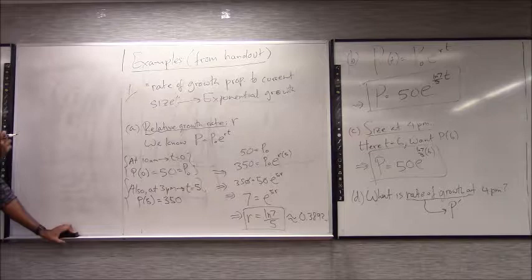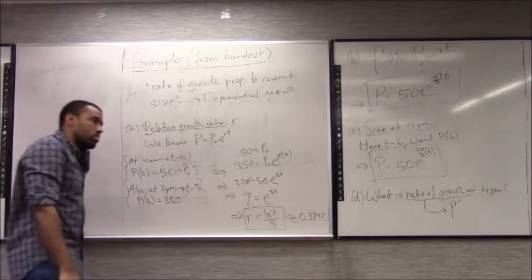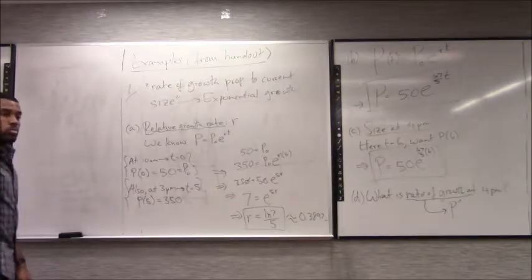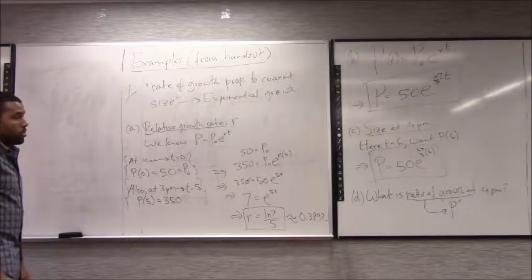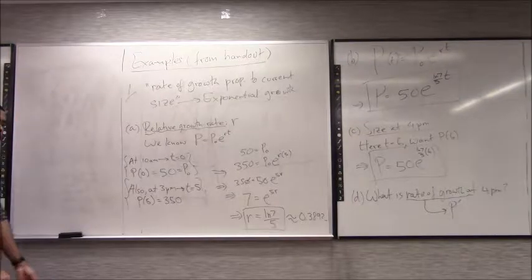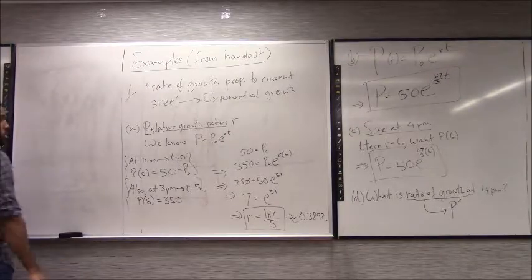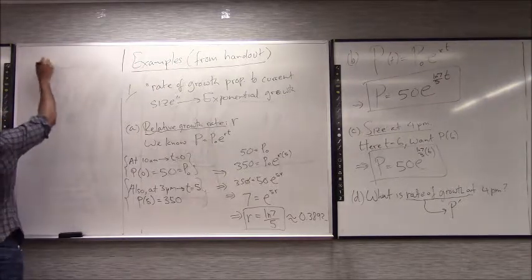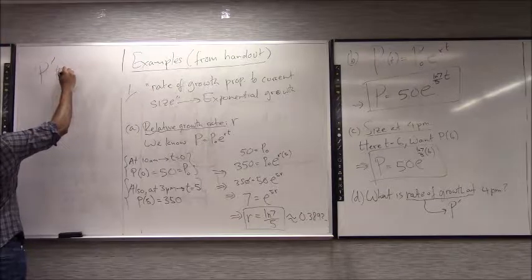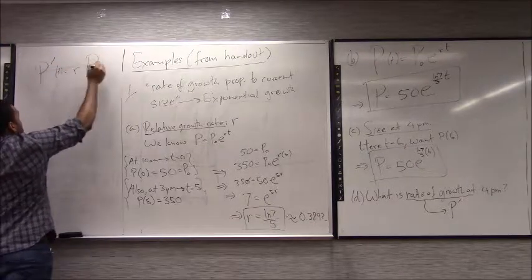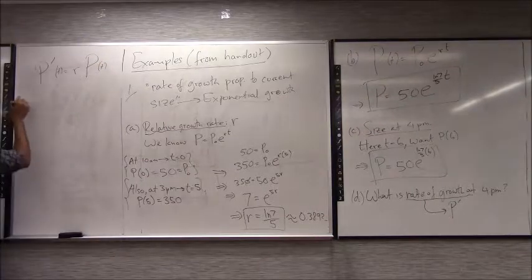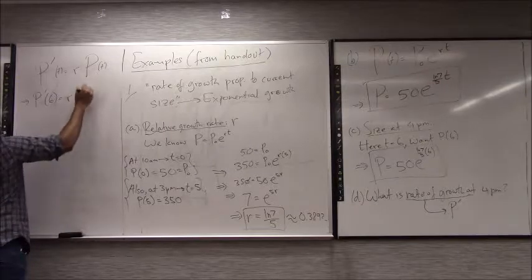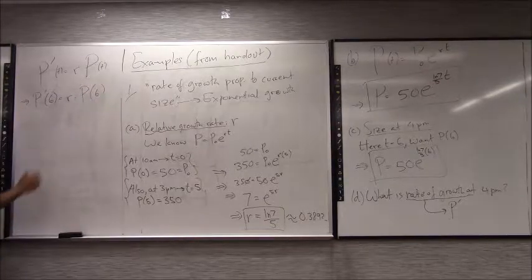So how would we find P prime when we're at 4 p.m.? Do we have an equation that has P prime in it? Right, we know that P prime of t is equal to R times P of t. So this means P prime at time equals 6 is just R times P at time equals 6.